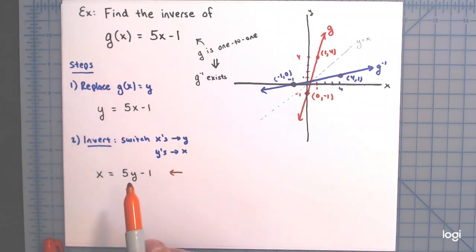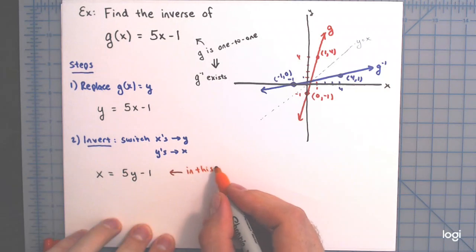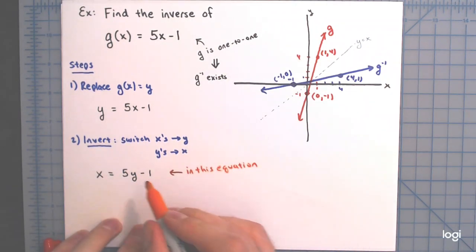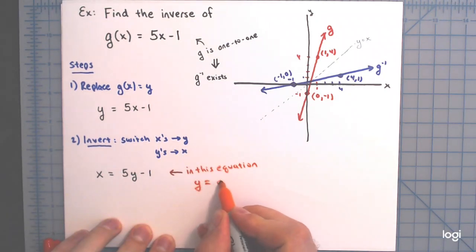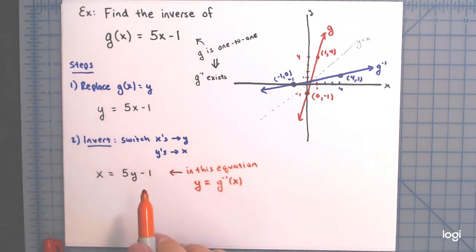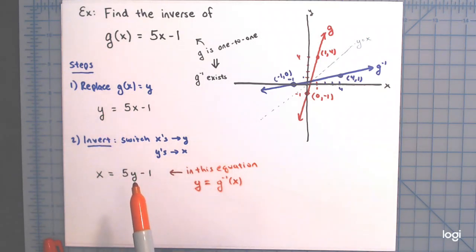But when I switch them, when I invert them, in this equation the y you're seeing represents the outputs of g inverse. Okay, so they're the same letter, but they represent different things. This represents the outputs of g. This y represents the outputs of g inverse because I have switched all the x's and y's.